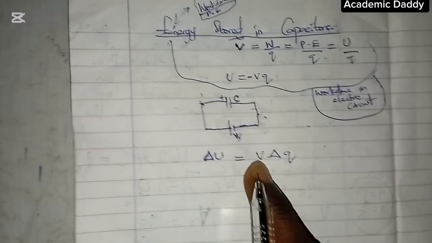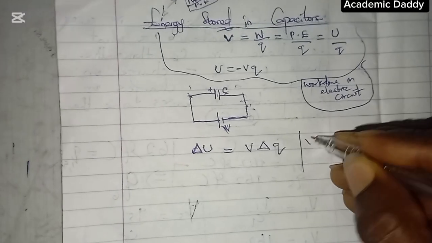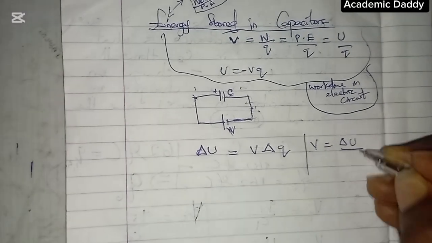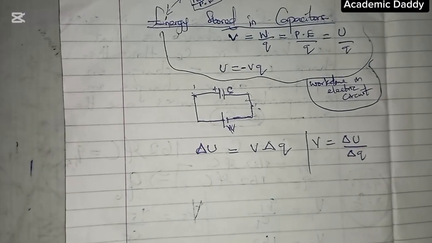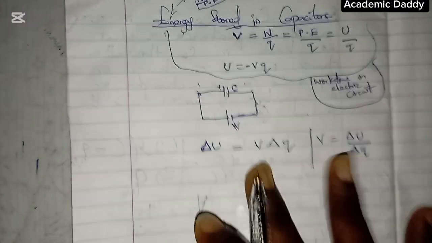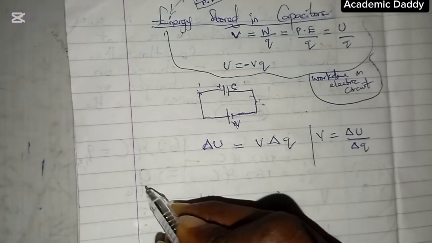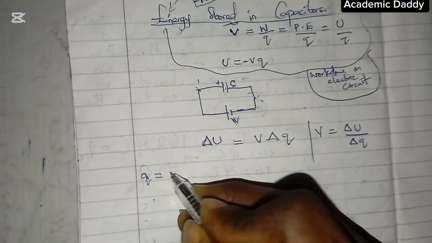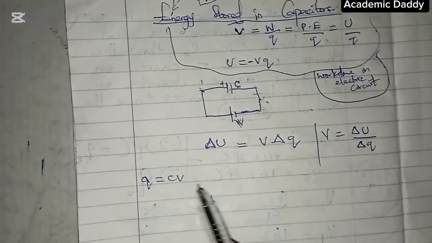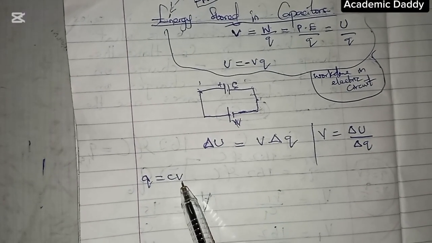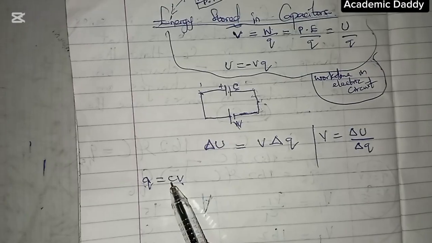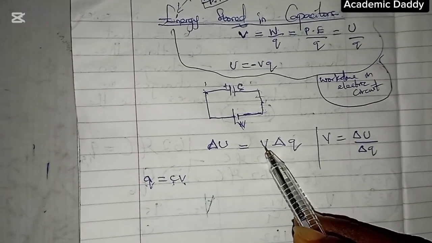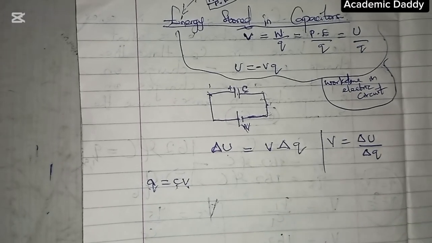So if I want to make V subject of the formula here, V is equal to change in work done all over change in Q. But we remember that from Q equals CV, this is actually the relationship between voltage and charge and capacitance, while this is the relationship between voltage, work done and charge.